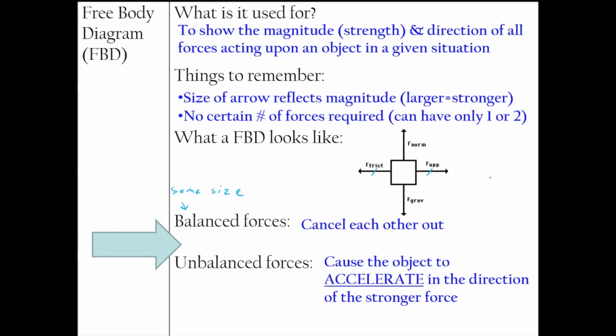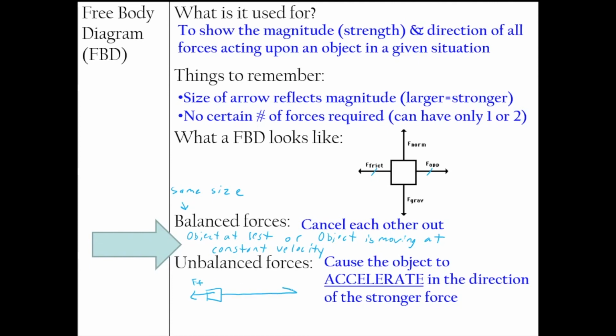So if I had a bigger force applied here, it would mean that this was unbalanced, so my object would be speeding up to the right. Something important to note, though, about balanced forces is that they can mean two things. It can mean, one, that the object is at rest, or two, that the object is moving at a constant velocity.